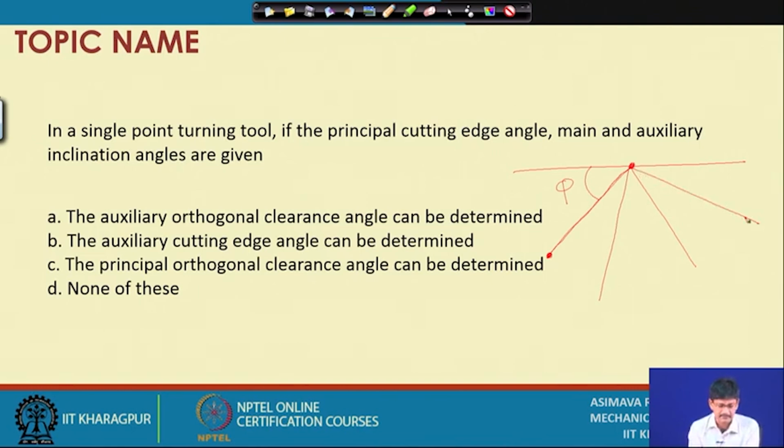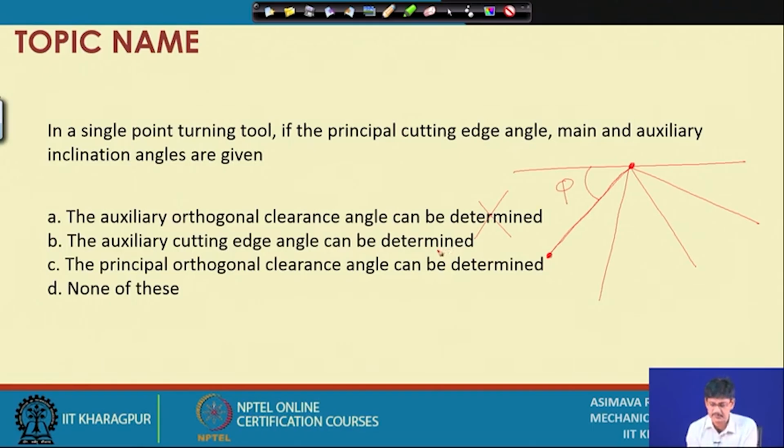So, in that case, the auxiliary orthogonal clearance angle can be determined. Now, auxiliary orthogonal clearance angle will require some knowledge about the clearance surface, that is not given. So, this is not correct. The auxiliary cutting edge angle can be determined.